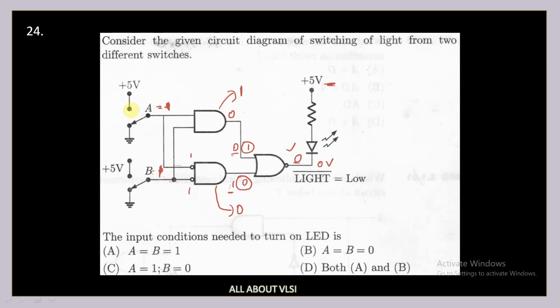That means this should be connected to 5 volts and 5 volts. And since there is a bubble, it becomes 0 and 0, and the output of your AND gate is 0. Satisfied condition. So the answer is A equal to B equal to 1 or A equal to B equal to 0. That is option D.